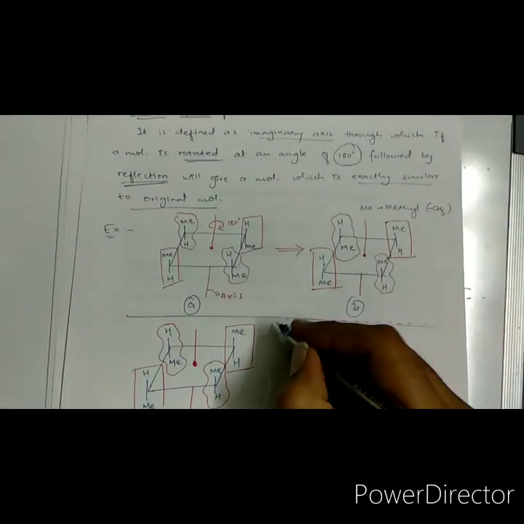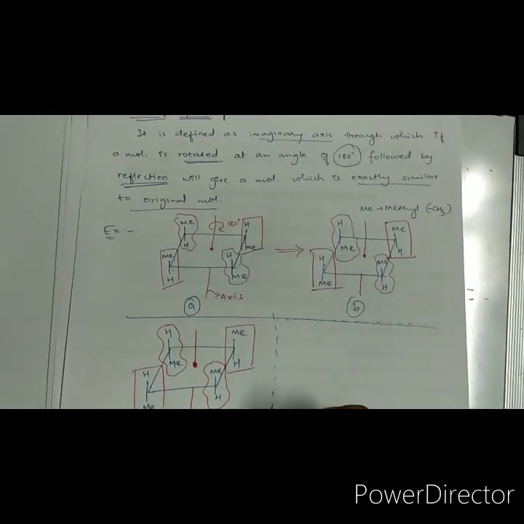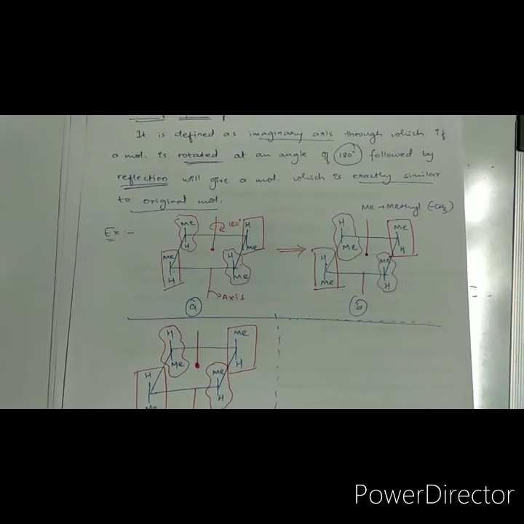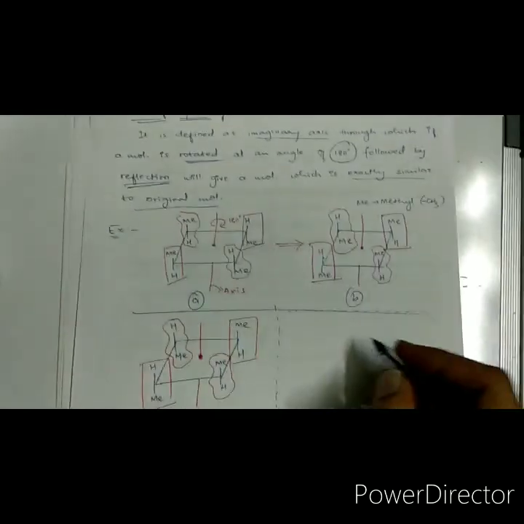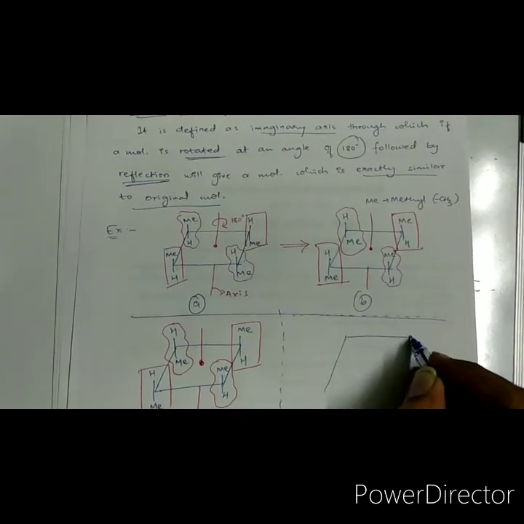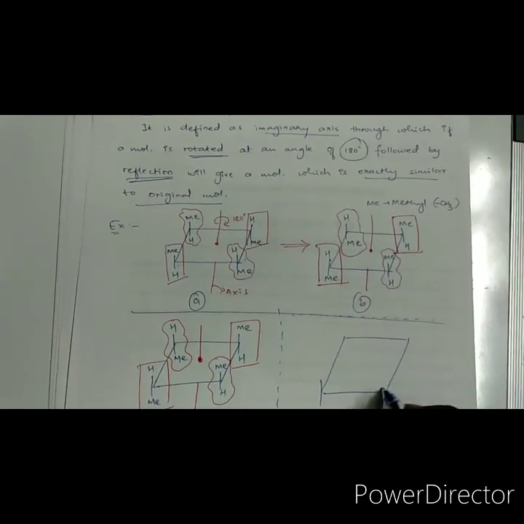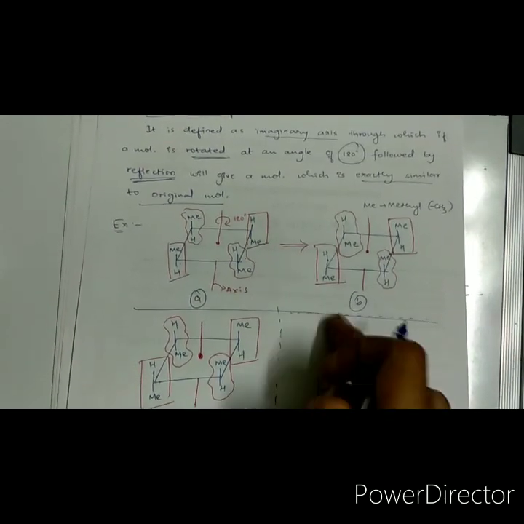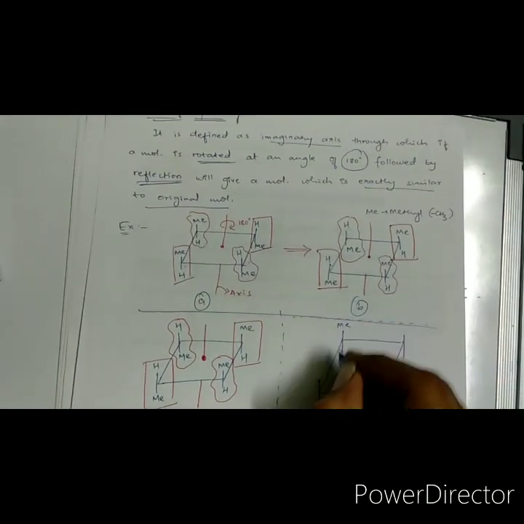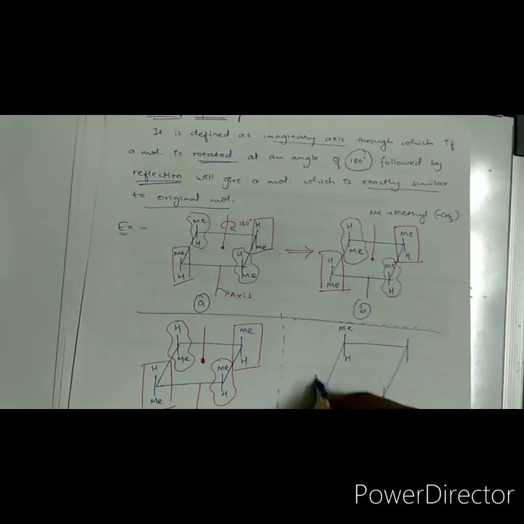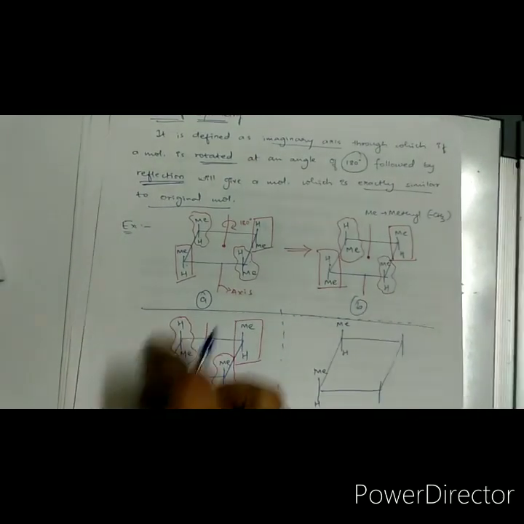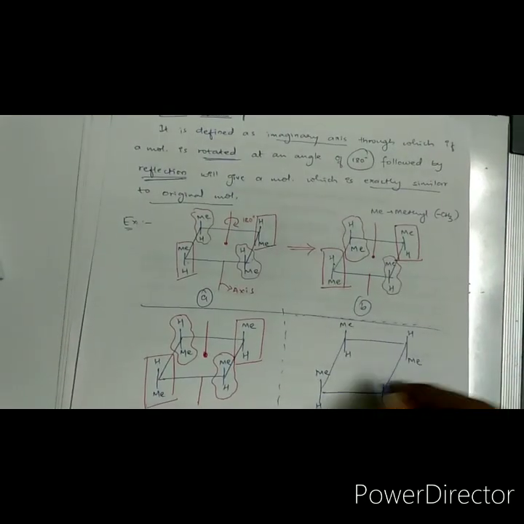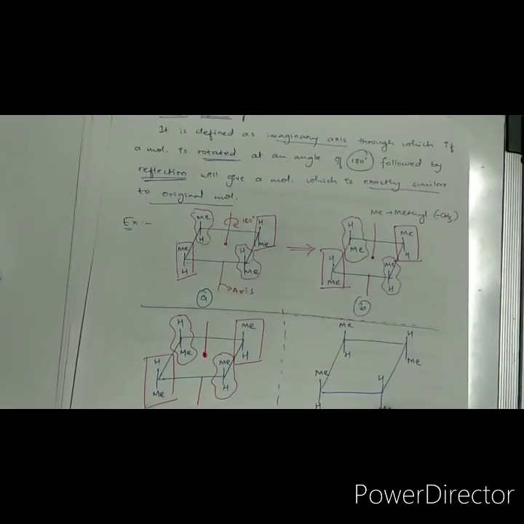So now if we take its mirror image, what will happen? This methyl will come this side. So methyl and hydrogen and methyl and hydrogen, while these groups will be shifted on this side. Hydrogen methyl and hydrogen methyl.